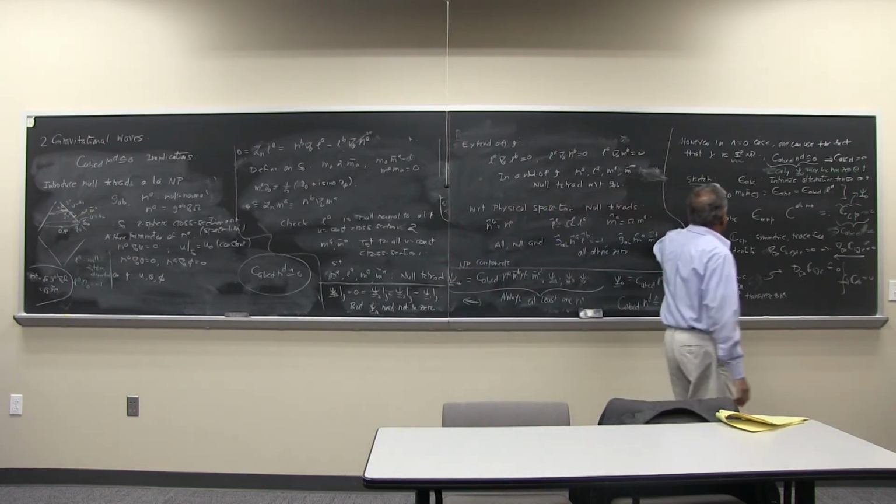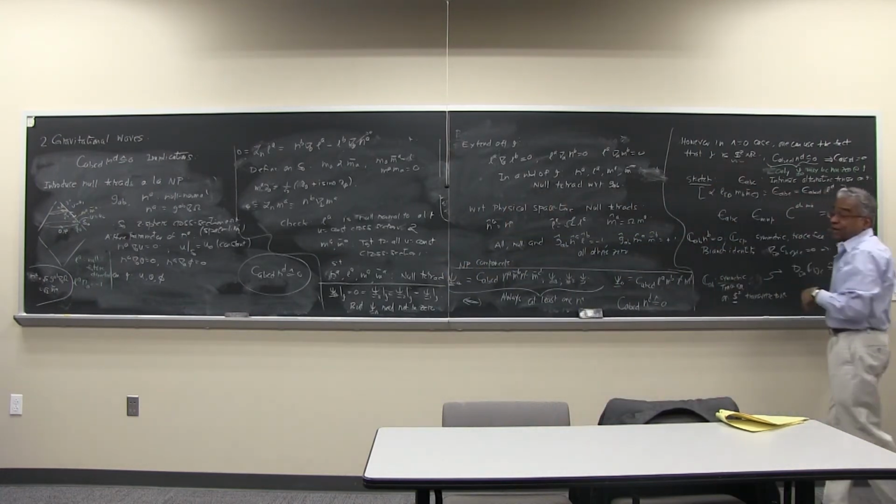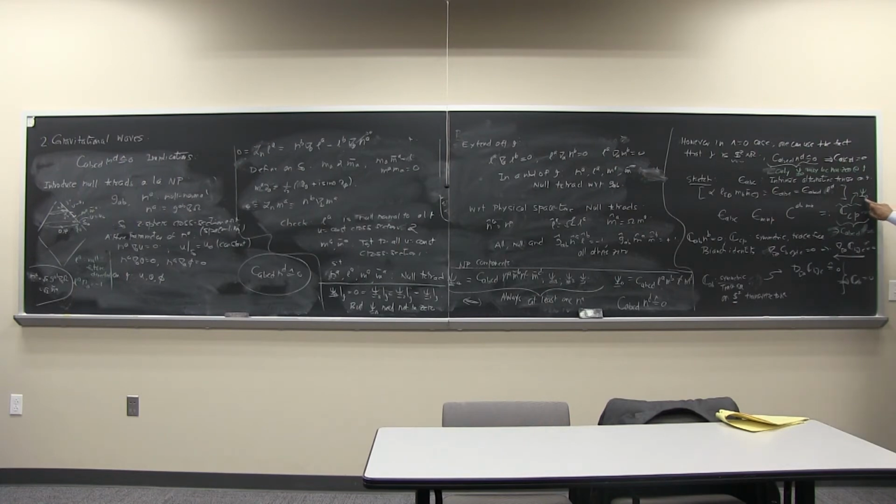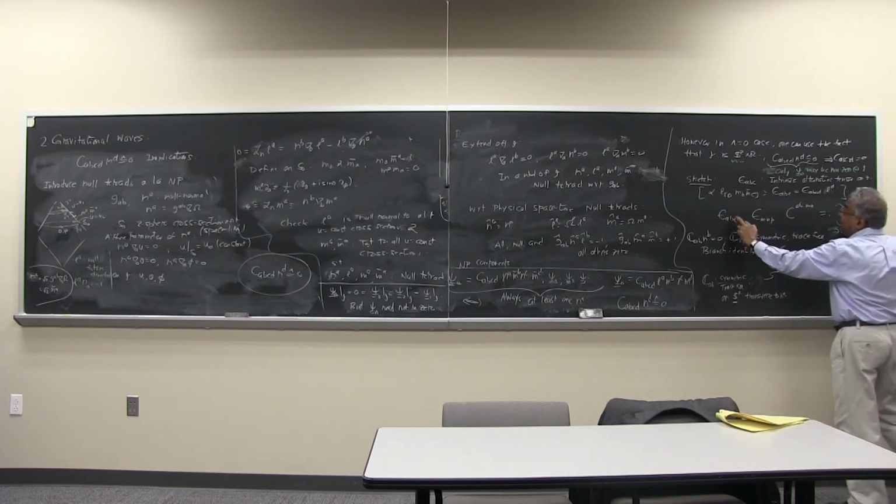But if I have topology S2, then I can do more, because these two components of psi 0 are contained precisely in this traceless symmetric second rank tensor. This object is a tensor field on a two sphere. It is symmetric, so it has 3 components, and it is traceless, that removes 1, so it has 2 components. The 2 components of C in this Newman-Penrose tetrad, you can just work them out, by plugging in here.